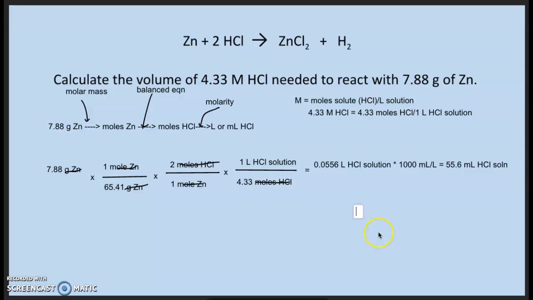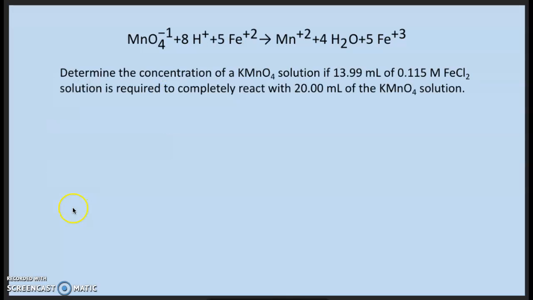So again, when it comes to doing solution stoichiometry, follow the same kind of process that you had in other kinds of stoichiometry. Figure out what steps you need to do and then how you're going to go about doing those steps. Now, in our second example here, we have a redox reaction.